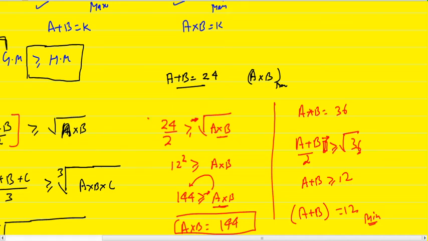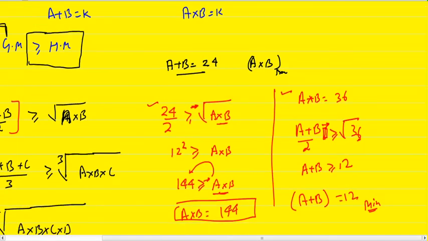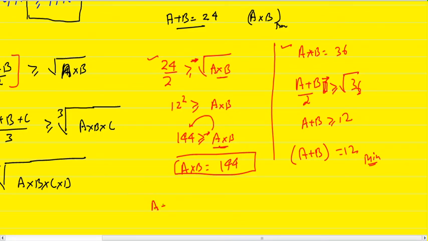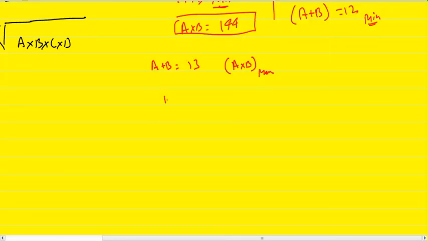Now, this method and the earlier method internally are making A and B equal. Luckily, I have assumed numbers which give me natural outcomes, but these methods do not care about values being natural or not. Observe, if I give you A plus B as 13, and ask you for A into B maximum, this will be 13 by 2 more than or equal to square root of AB.